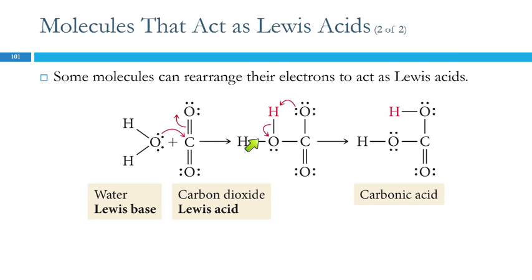So then you've got this guy. And then what happens is this lone pair on the oxygen will bond to this hydrogen. So the hydrogen is receiving the lone pair, the oxygen is donating the lone pair. And so we get carbonic acid.